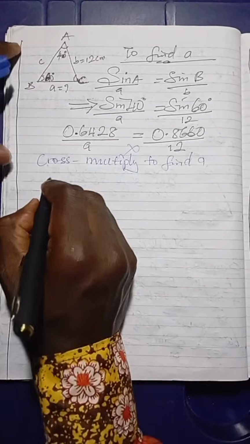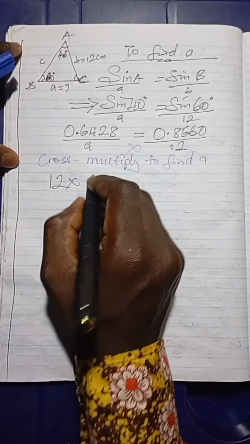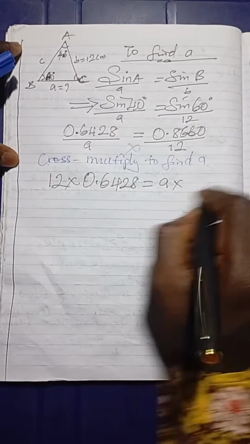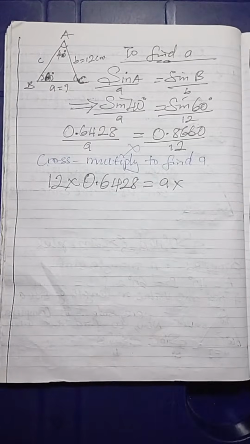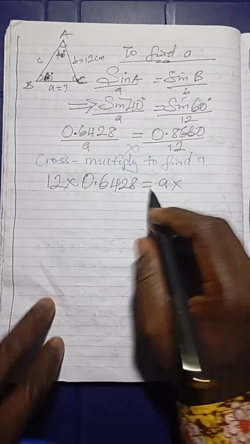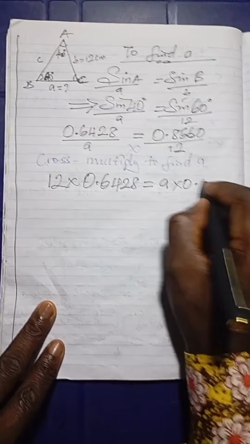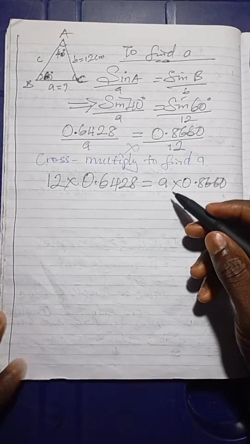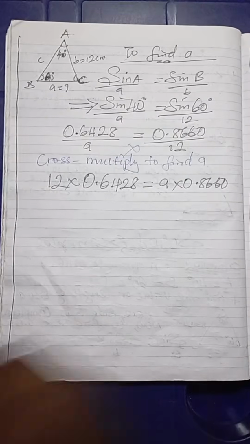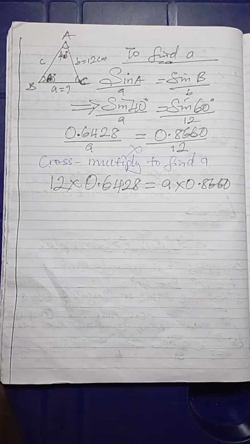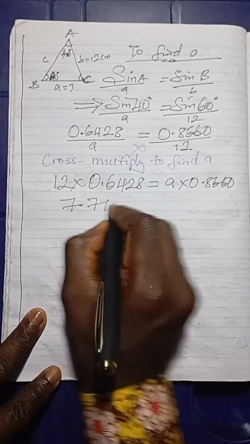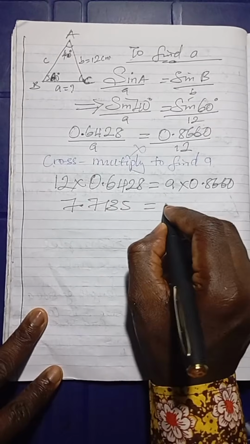I will have 12 multiplied by 0.6428 is equal to a multiplied by 0.8660. Please, if you have a question you can ask. Remember, we are making a the subject of the formula. So 0.6428 times 12 is 7.7135.